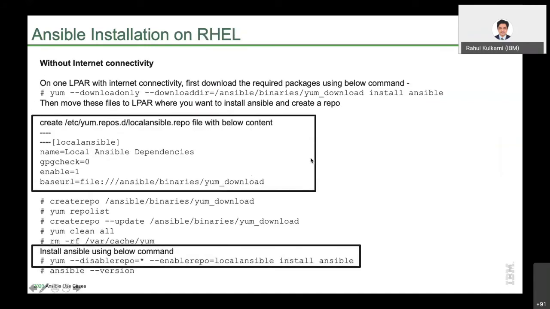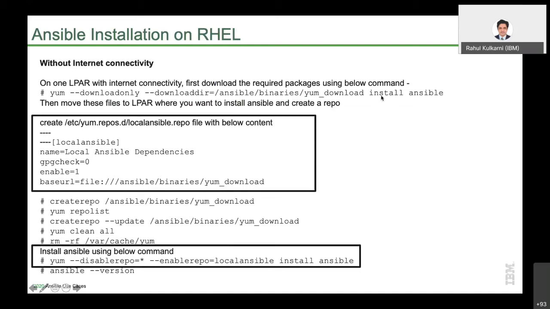If you want to install Ansible on a RHEL system, and you don't have internet connectivity, then you can download the Ansible RPMs from some other system which is connected to the internet using the yum --downloadonly option. This will download all the required binaries and all the dependencies into your local directory.